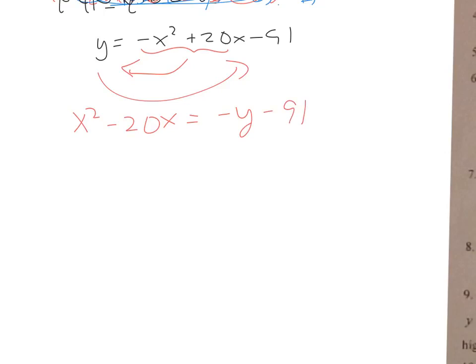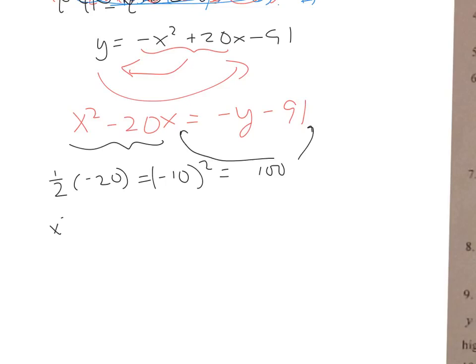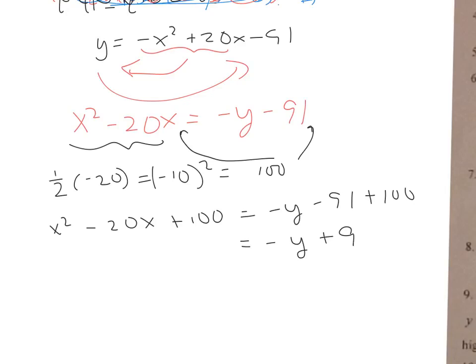Now I want to complete the square only for the x's. So half of negative 20 is negative 10. Squared is 100, added to both sides. So I get x squared minus 20x plus 100 equals negative y minus 91 plus 100. I'll simplify the right side. I get negative y plus 9.